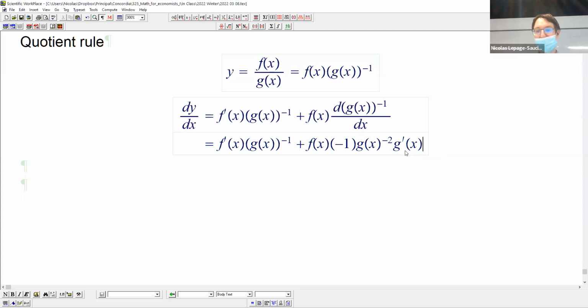So just to show you what I did here, I applied it to the outside function, which is something to the minus 1.